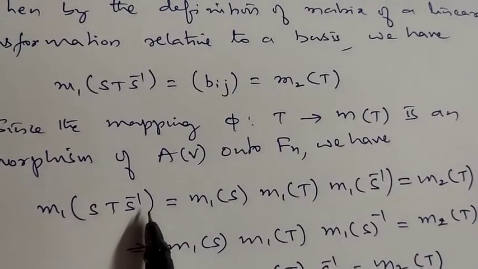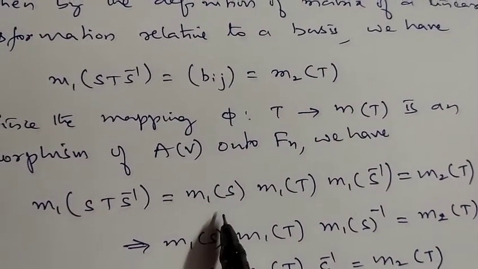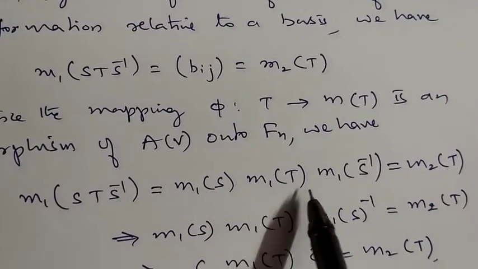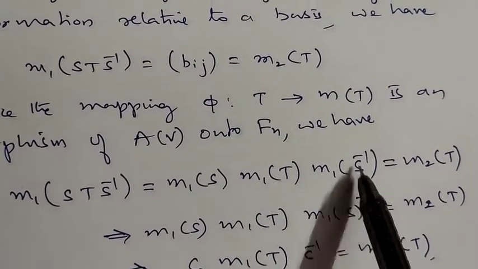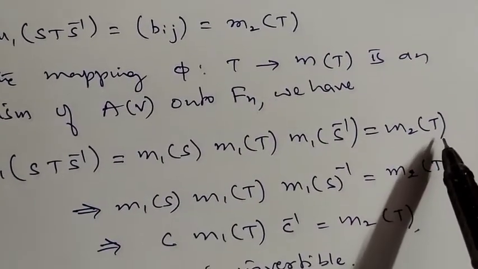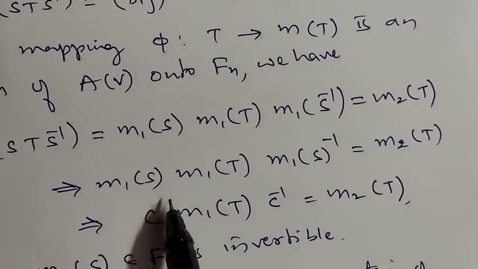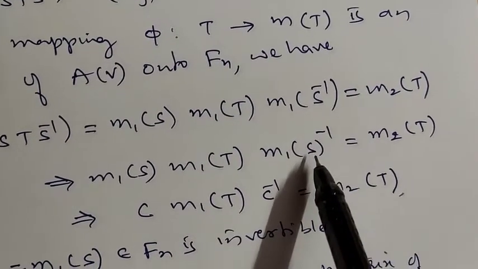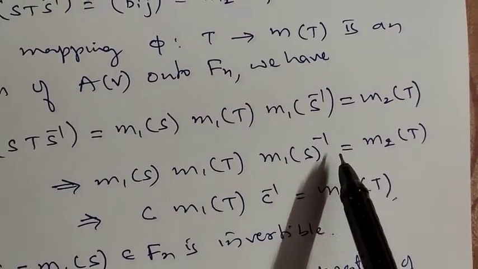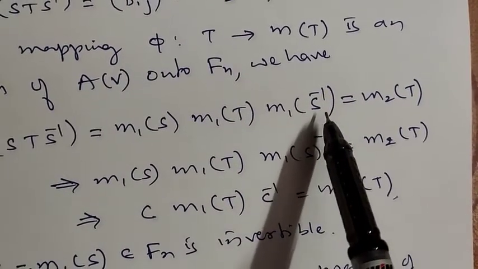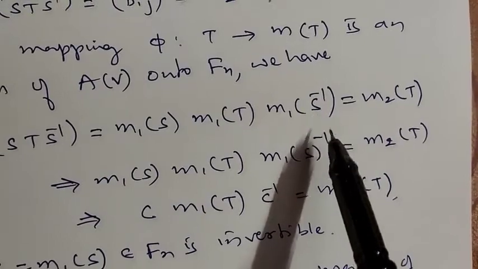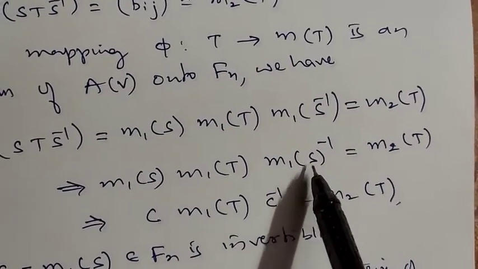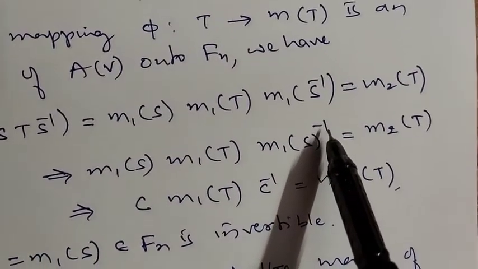Accordingly, M1 of S T S inverse can be written as M1 of S into M1 of T into M1 of S inverse, that is equal to M2 of T. So M1 of S inverse can be written as M1 of S whole inverse, because the matrix of the inverse of a linear transformation is nothing but the inverse of the matrix of that transformation.